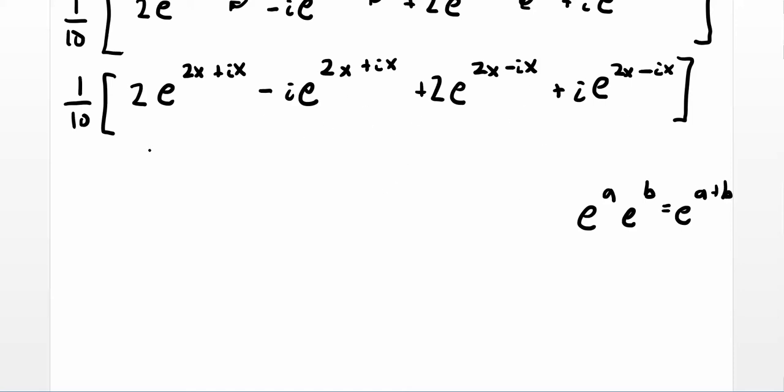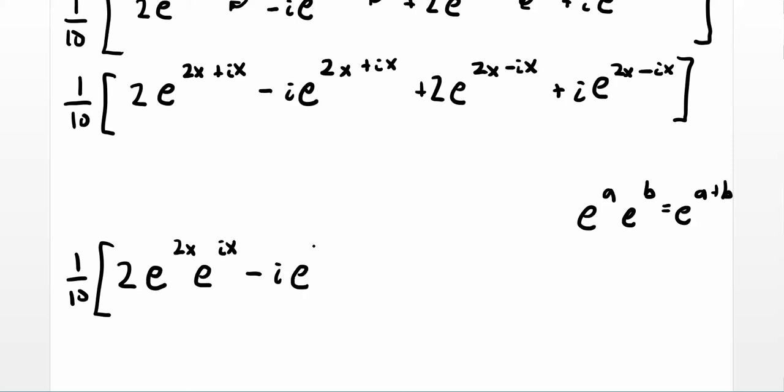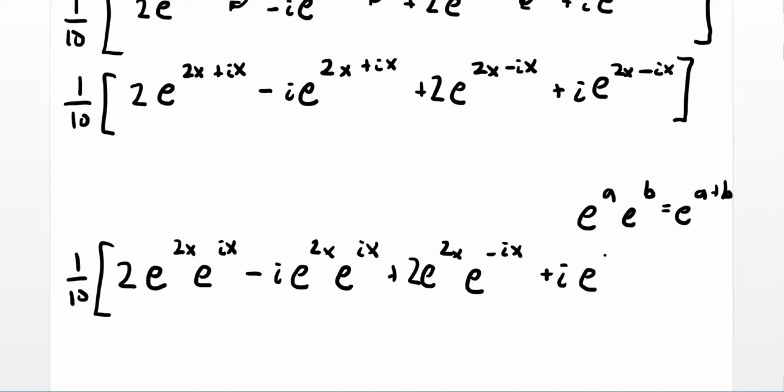These terms will simplify instead to 1/10 times 2 e to the 2x e to the ix, minus i e to the 2x e to the ix, plus 2 e to the 2x e to the negative ix, plus i e to the 2x e to the negative ix.